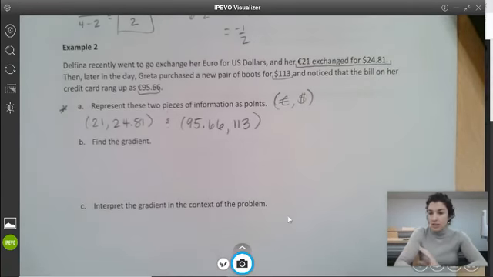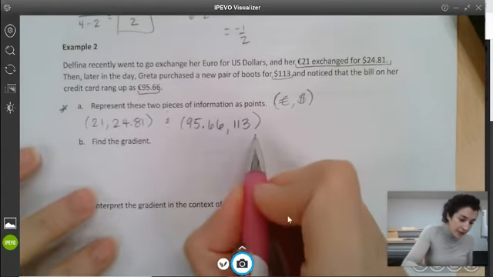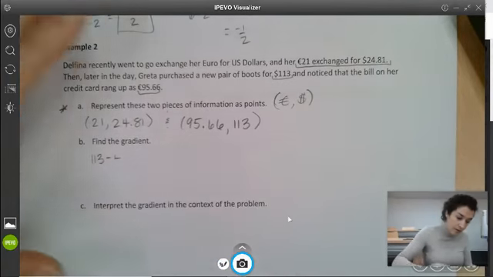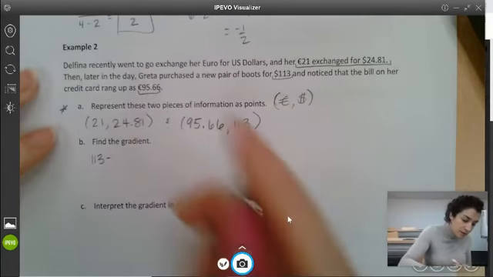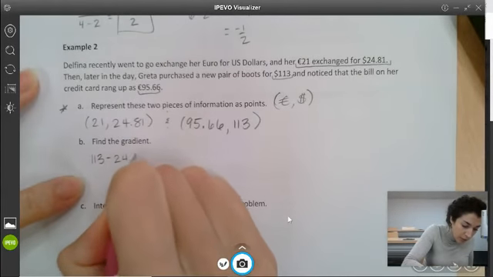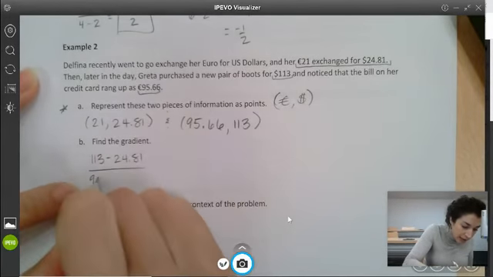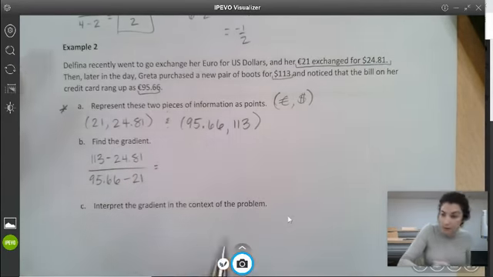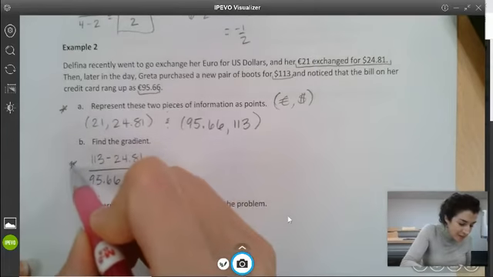So in order to find the gradient, I just need to go ahead and subtract these out. So I would do 113 minus 24.81 over 95.66 minus 21. I would like for you to go ahead and find that and simplify it down.